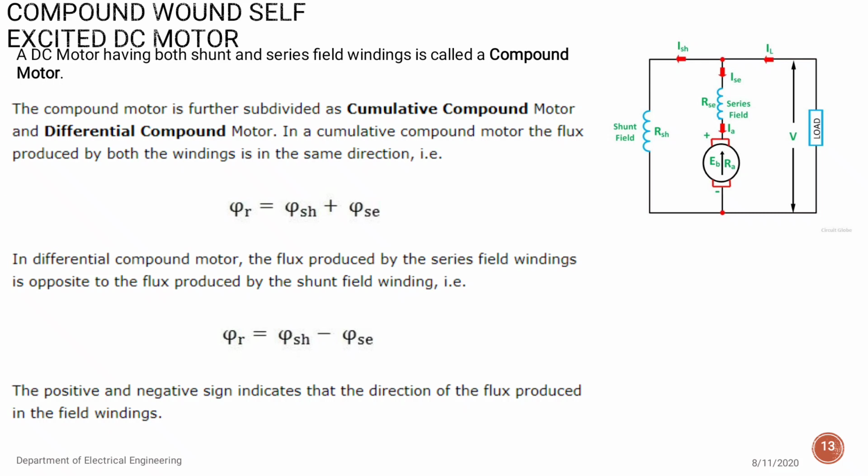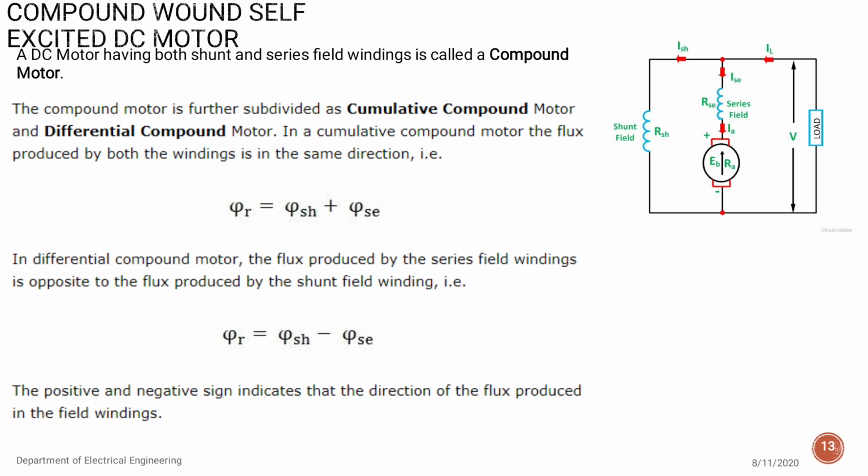Here one field winding is in series with the armature, and that whole circuit is in parallel with another field winding. That means there are two sets of field winding. The motor which has shunt as well as series winding is known as a compound motor.